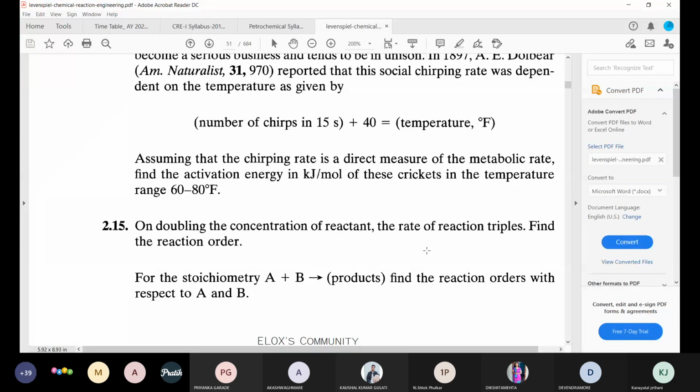Find out the value of n. How will you do this? Any idea? It's a simple problem, a 2 minute problem.